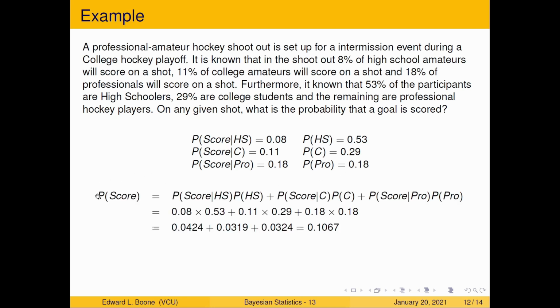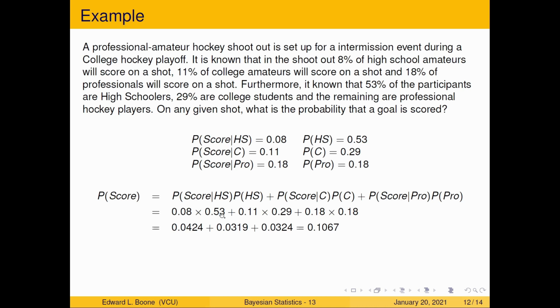So the probability that there is a score on this attempt is the probability of score given high school times the probability of high school, plus the probability of score given college times the probability of college, plus the probability of score given pro times the probability of pro. And this right here, we're totaling up the probabilities. You can see why conditional probability makes sense here.